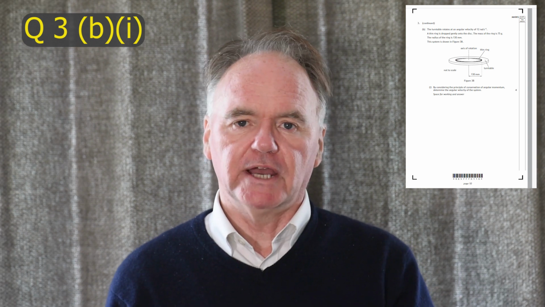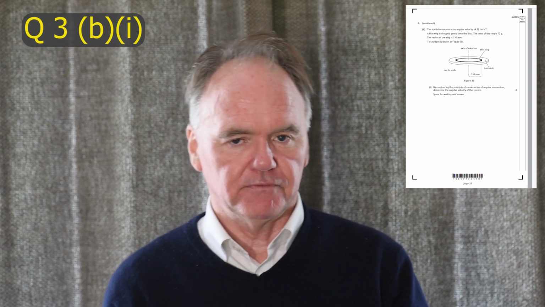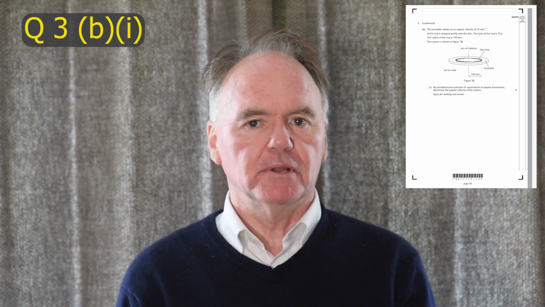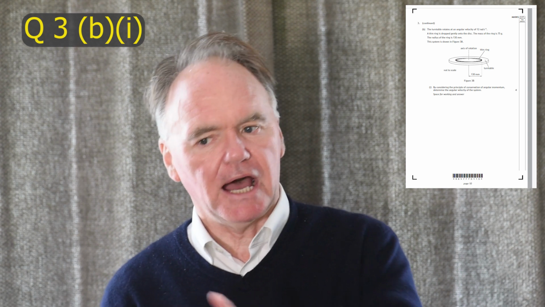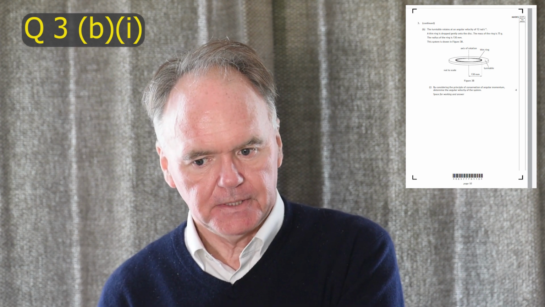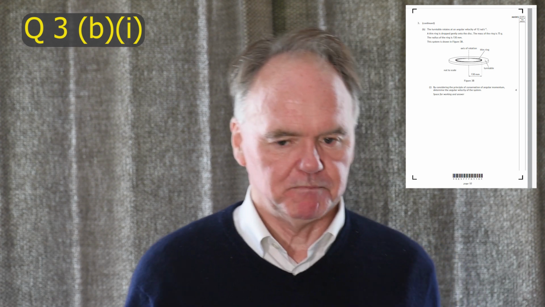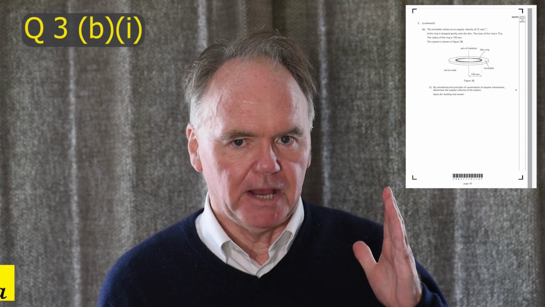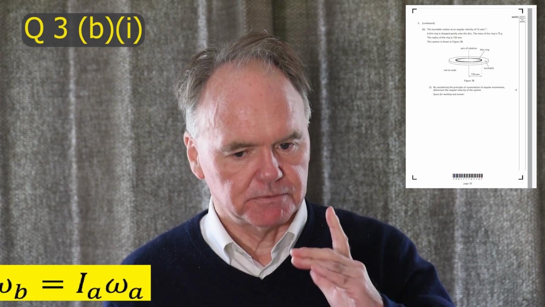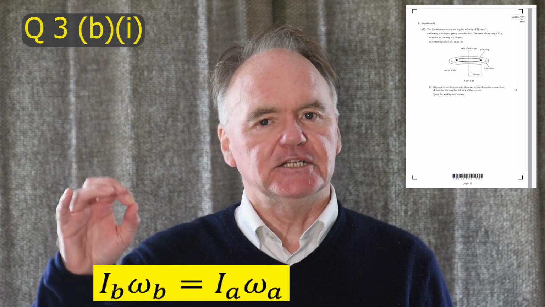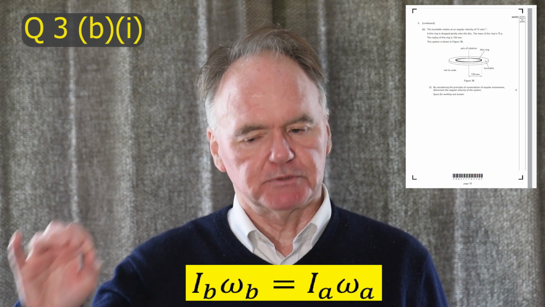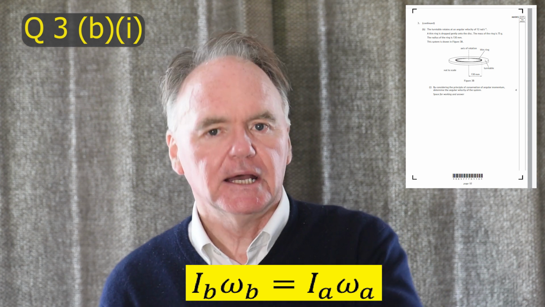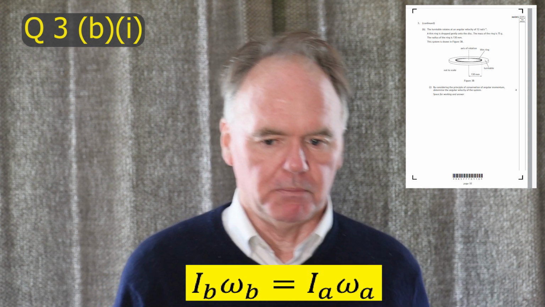Now, the conservation of angular momentum states that in the absence of external torques, and we can assume that, the angular momentum before the coupling will be equal to the angular momentum after the coupling. But it's mathematically stated then that I subscript B, omega subscript B, is equal to I subscript A times omega subscript A, where the A represents after the coupling and the B represents before the coupling.